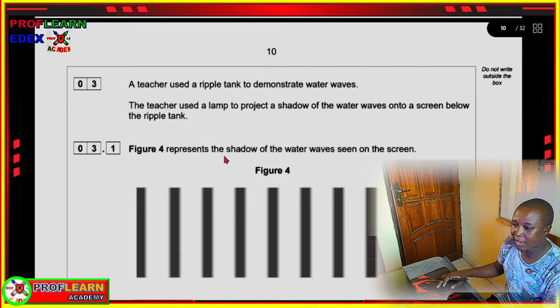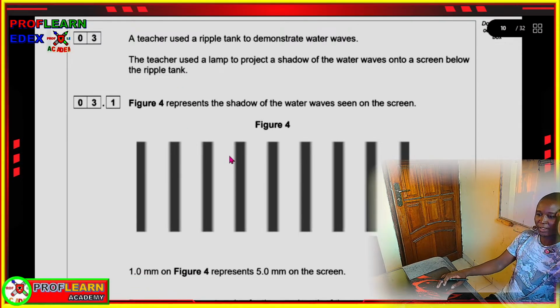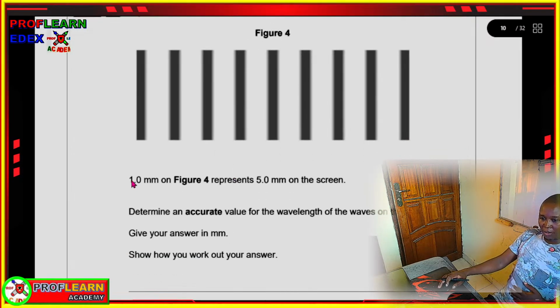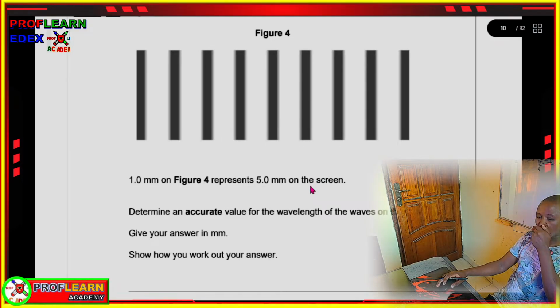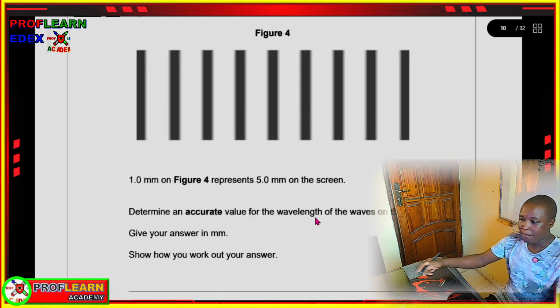The figure represents the shadow of the water waves seen on the screen. 1.0 millimeters on the figure represents 5.0 millimeters on the screen. Determine the accurate value of the wavelength of the wave.